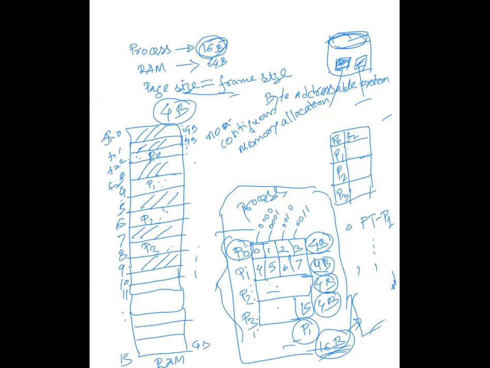Also F4 for P1, and F6, frame location 6, for P2, and P3 is frame location 8. It contains the physical memory address for this particular page location.